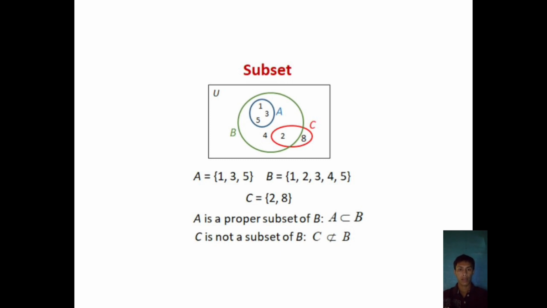If we observe, all elements present in A are also present in B. Therefore, A is a subset of B. But we can also say that C is not a subset of B, since one element of C, which is 8, is outside B. Therefore, C is not a subset of B.